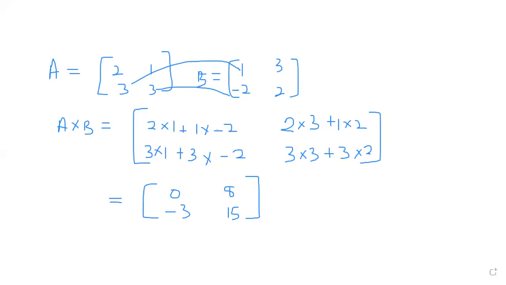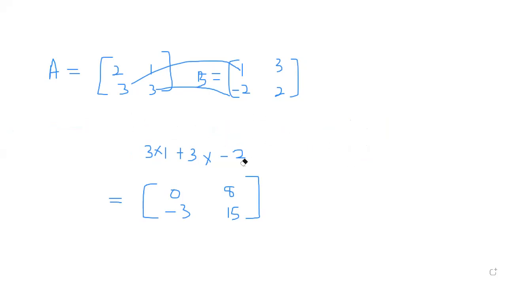Okay. Now let me clean part of the screen. The next thing we want to look at is some properties of the matrices, or what we refer to as the determinant of the matrix.